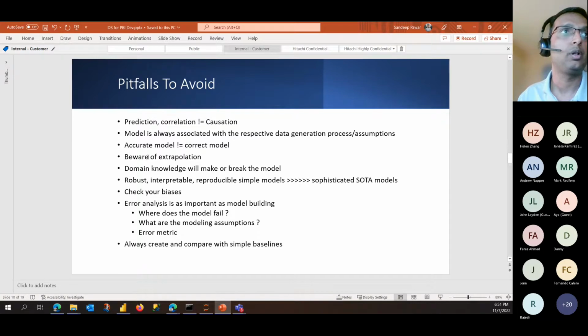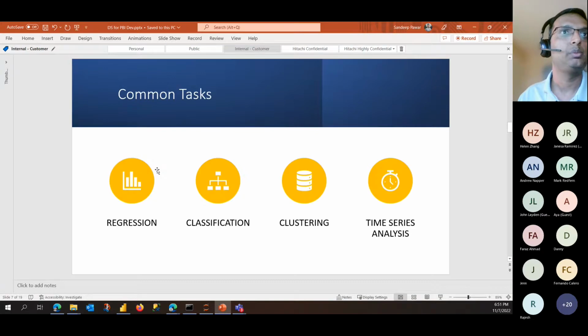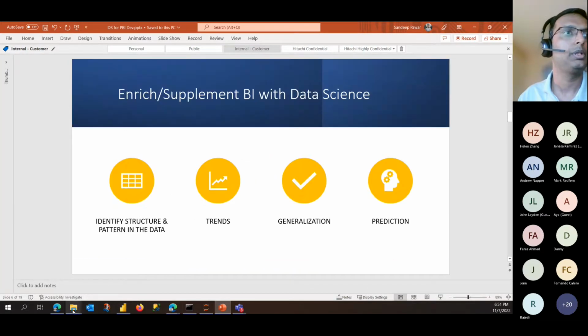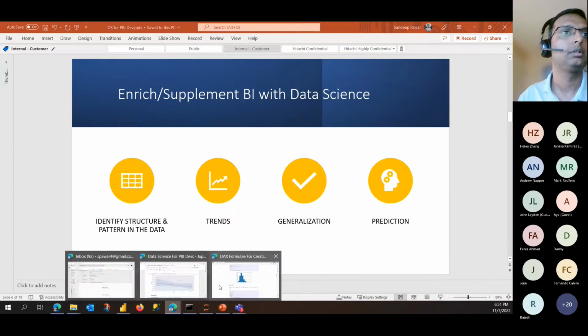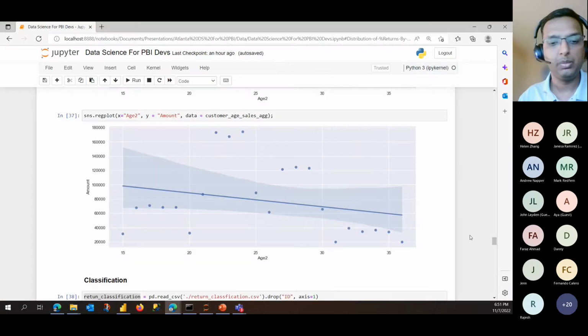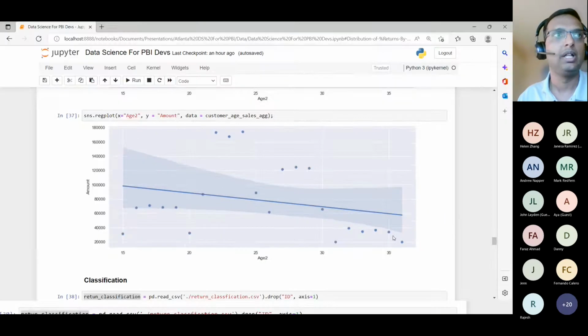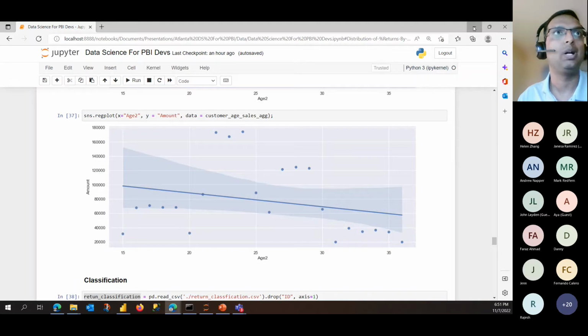Extrapolation, always be aware of extrapolation. What extrapolation means is, for what I was showing earlier here, it doesn't mean that if I extend this line out and go to age 100, that person is going to spend zero amount, right?